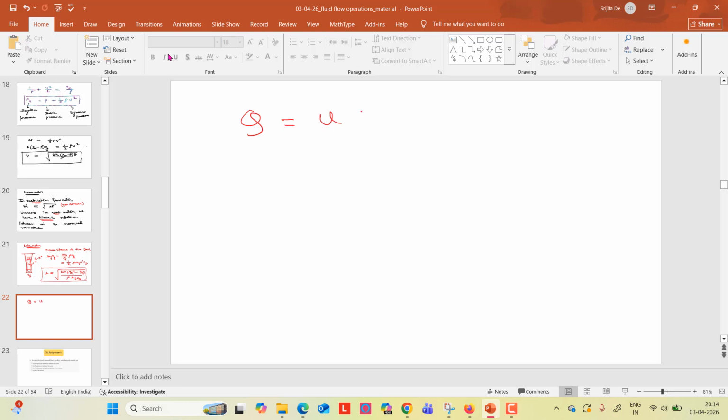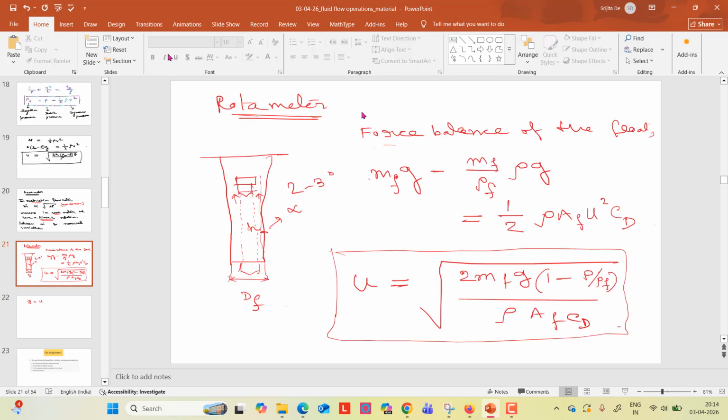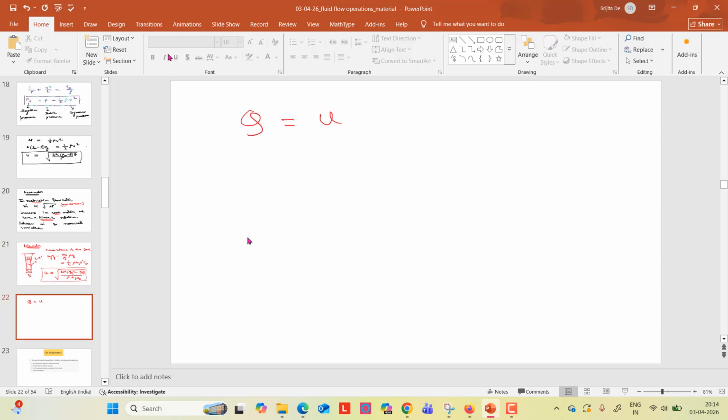Area means, in the middle there is this object, right? This is the float. So flow is happening in this annular region, so we have to calculate the area accordingly. So U into (dt square minus df square) into pi by 4. This is the area.